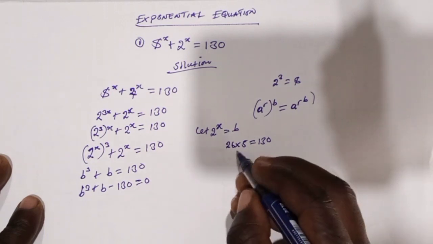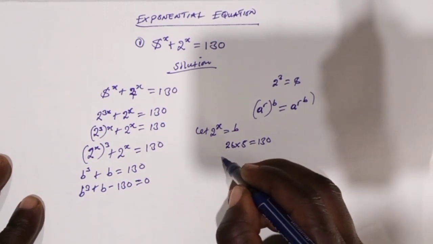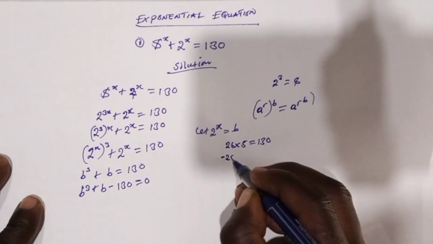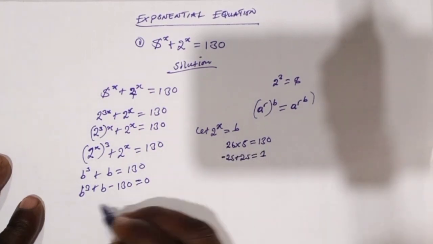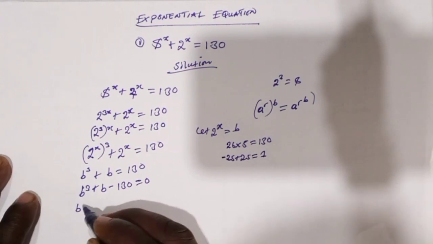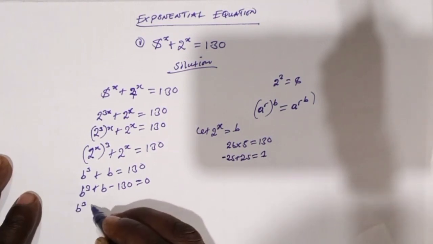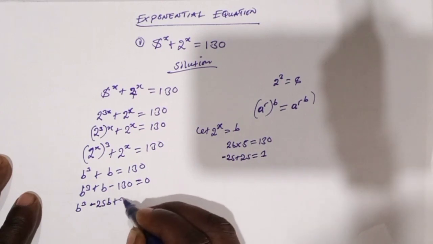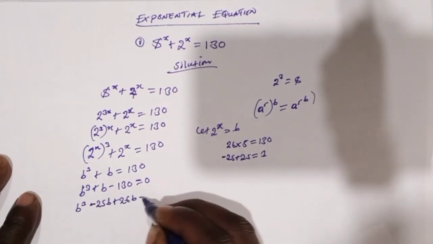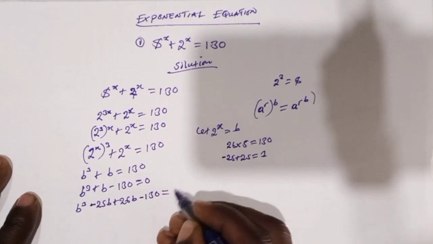That means we have minus 25 plus 26, which gives us 1. So we substitute it here: b to the power 3 minus 25b plus 26b minus 130 equals 0.